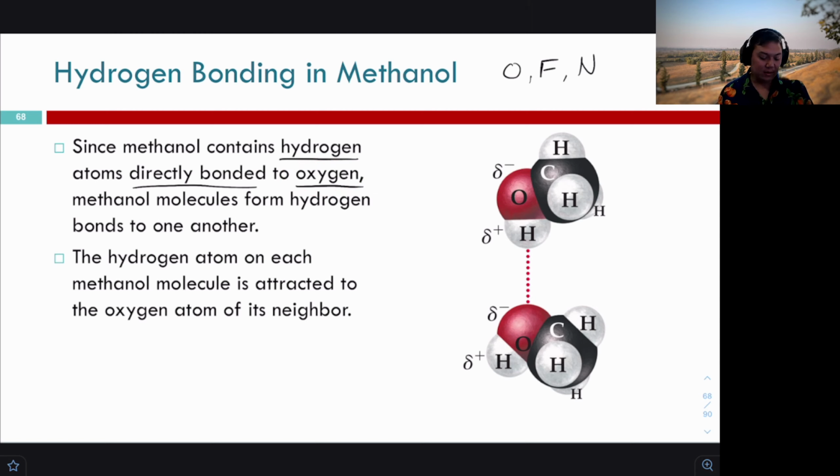The hydrogen atom on each methanol is attracted to the oxygen atom of its neighbor, and that's what we're seeing right here. So anytime you have hydrogen directly bound to oxygen, fluorine, or nitrogen, you're going to have hydrogen bonding, and that's going to be stronger than dispersion forces or regular dipole-dipole force.